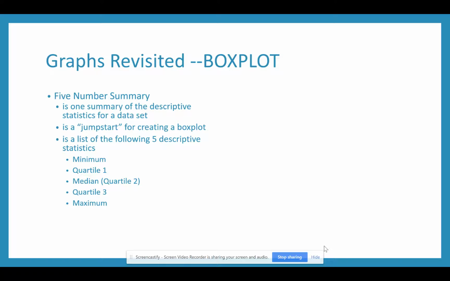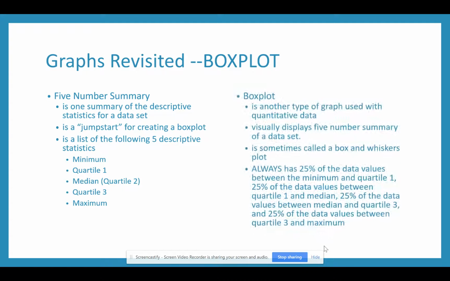That's your 5 number summary. Anytime you're asked for the 5 number summary, you should give the minimum, quartile 1, median, quartile 3, and the maximum.